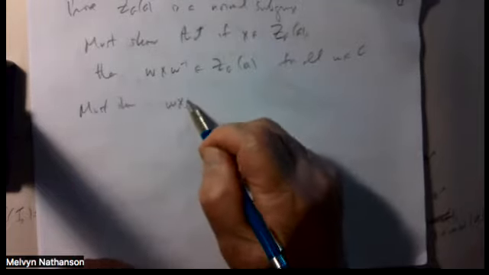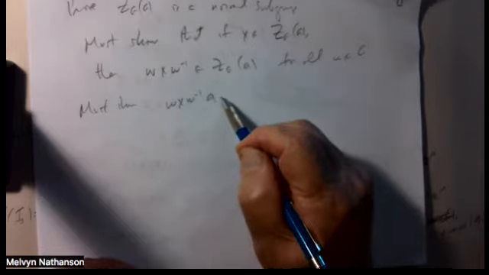So that means we must show that WX W inverse A is A WX W inverse. Actually, not sure this is true.